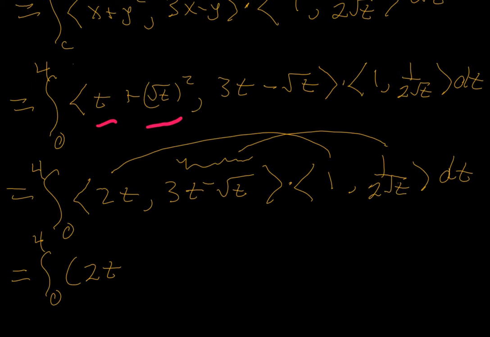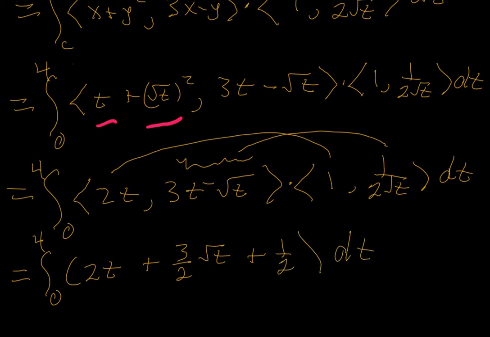So that's going to be 3t multiplied by 1 over 2 root t, which is 3 halves root t. And then root t times 1 over 2 root t is going to be 1/2, all with respect to t.